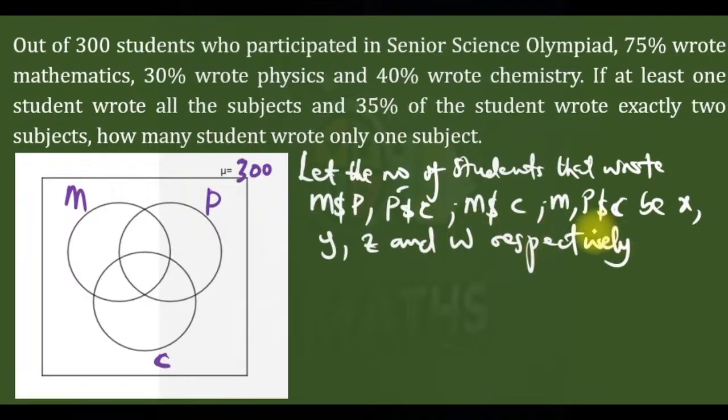Do you get? So I'm saying that X is for people that wrote maths and physics, Y, physics and chemistry, Z, maths and chemistry, and finally maths, physics and chemistry, W.